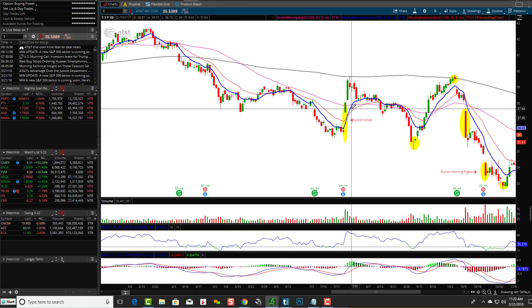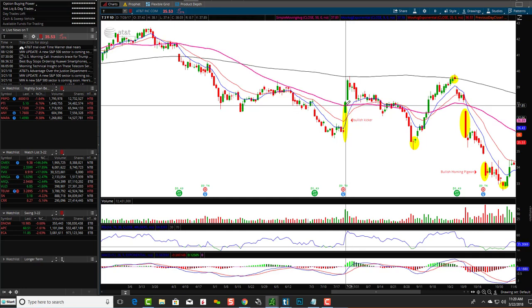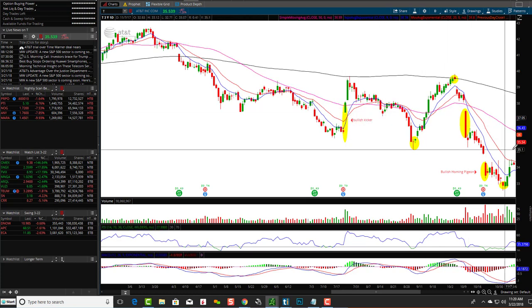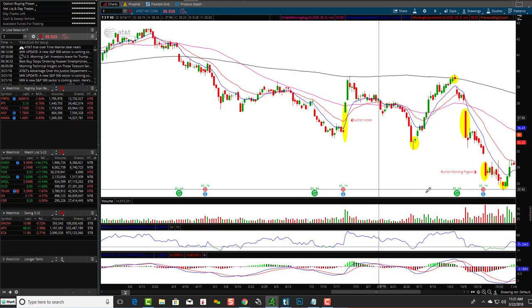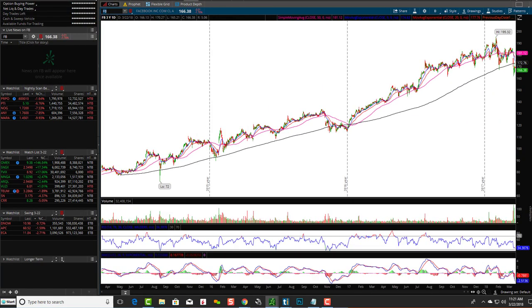Stocks are like rubber bands. If they get too far in one direction, either overbought or oversold, they naturally want to gravitate back to the moving average line. So it's incredibly important to use these candlestick patterns in conjunction with moving average lines. Understand candlesticks first, then layer on moving average lines and understand how these candlesticks are moving in relation to them, right?